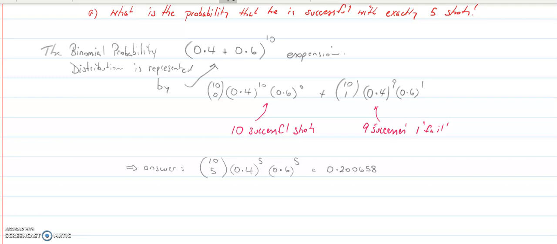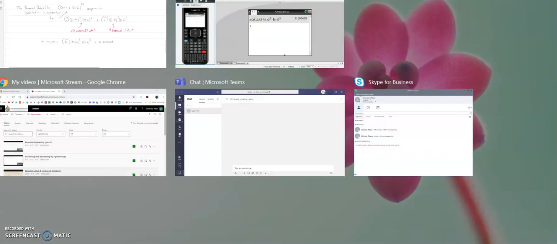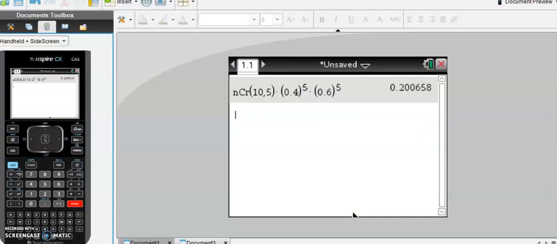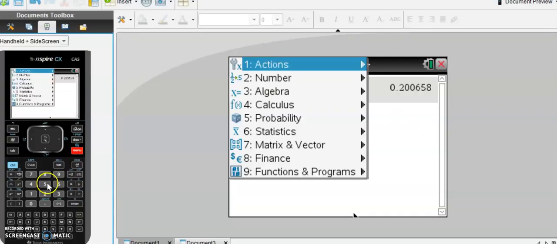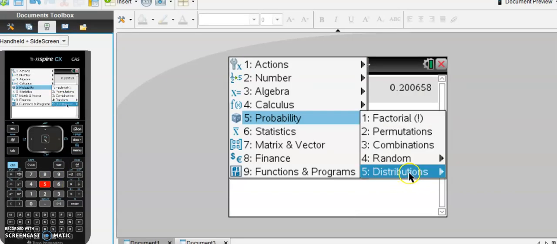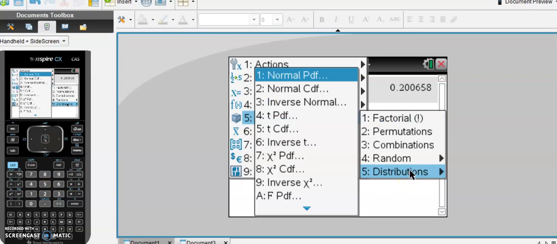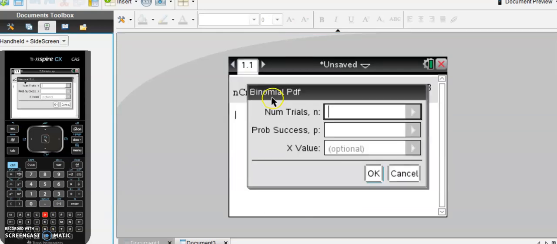I'm going to show you how to do this in one move on the calculator. So we'll go back to the calculator, and in here we've got a function under menu 5, distributions 5. So that's menu 5, 5. Now we're going to go to letter D, because that's going to bring up binomial PDF, probability distribution function.